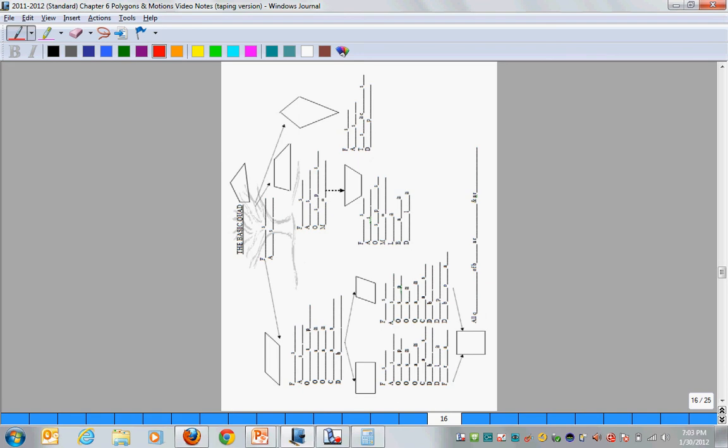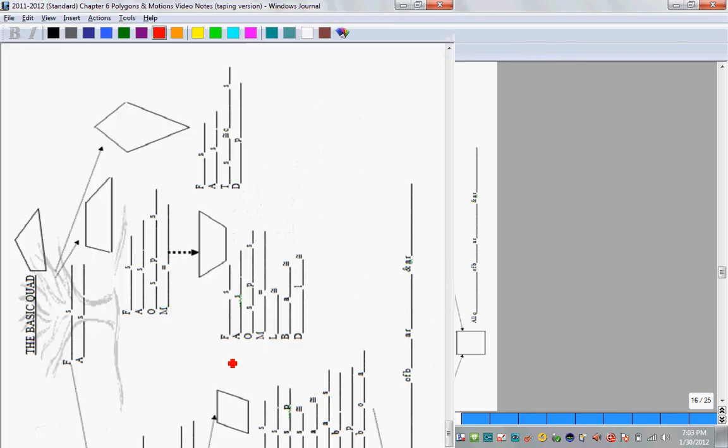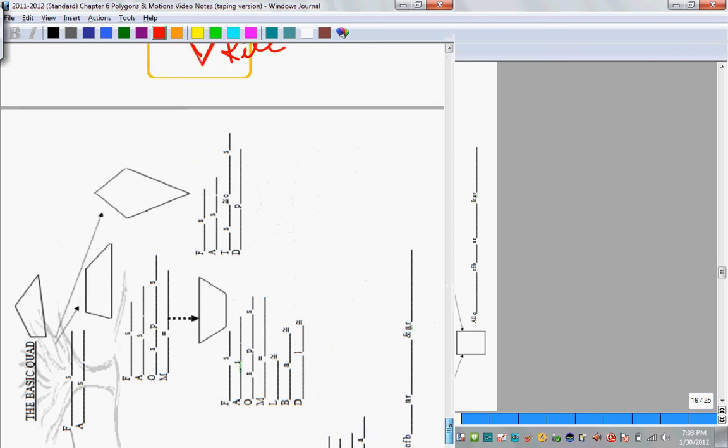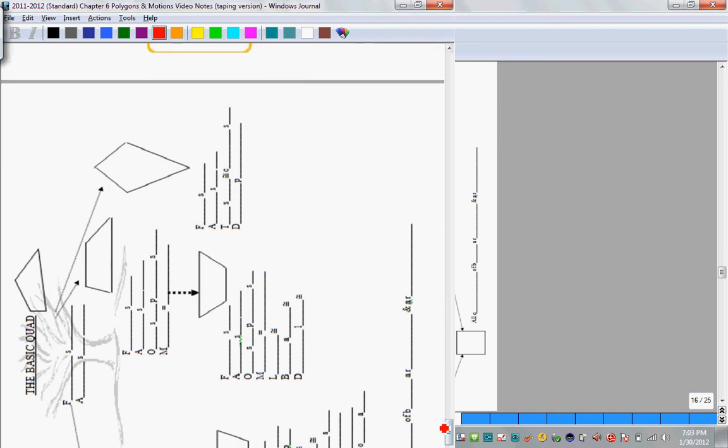We're going to be rotating it, so this looks more like a family tree. So let's start with your basic quad. Your basic quad is a four-sided shape.